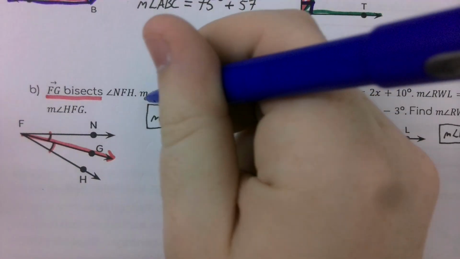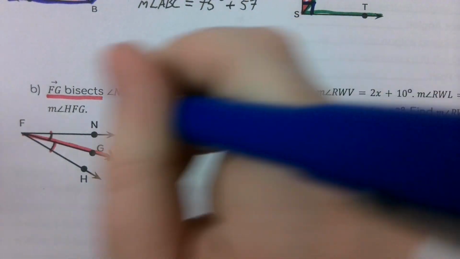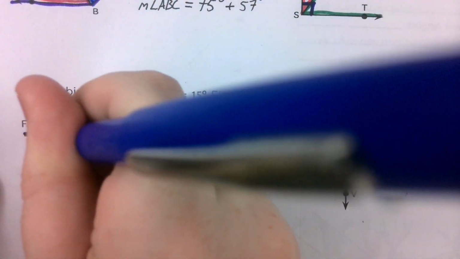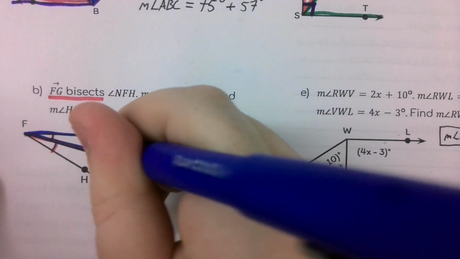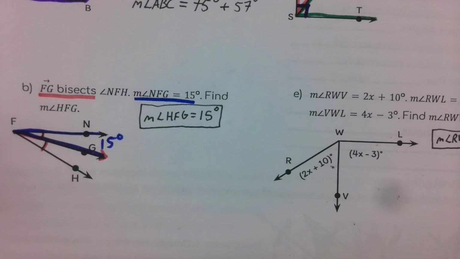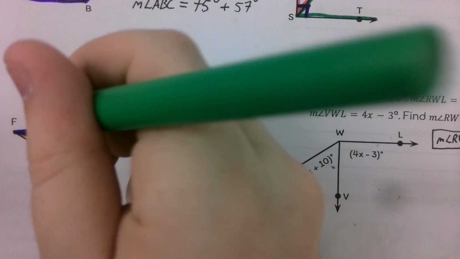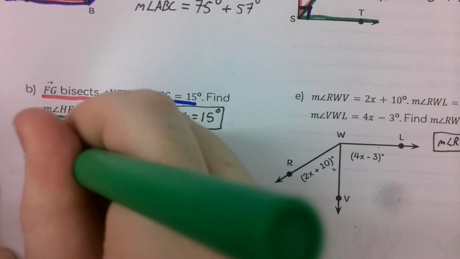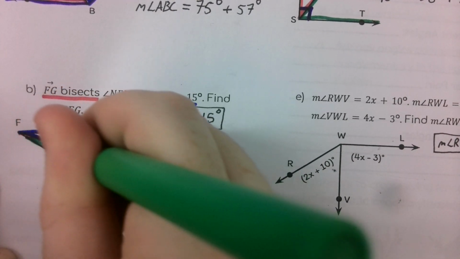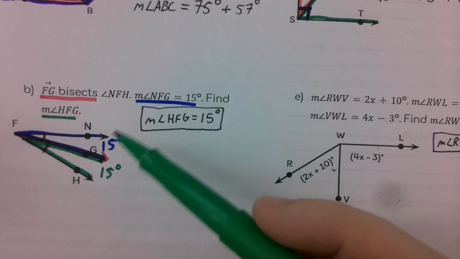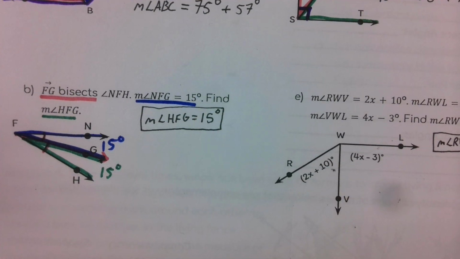So if we're told that angle NFG is 15 degrees, that's going to be this one right here, this tiny angle. This is 15 degrees, and it's congruent to the other side, which is what we're looking for, HFG. Then HFG also has to be 15 degrees. Bisecting means that it's the same on either side. So if the top angle is 15, the bottom angle is 15.